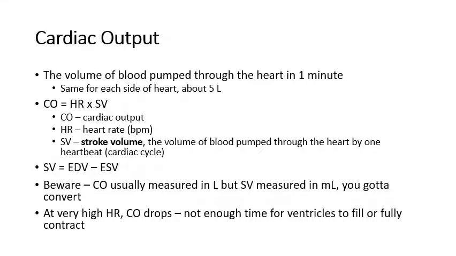So if the ventricles aren't able to fill all the way, and then you're contracting again, and then again they're not able to fill all the way, and you contract again, that means that stroke volume is going to tank, and cardiac output as a whole will go down. So your heart rate can go up to increase cardiac output, but only to such a point, and after that, having a higher heart rate actually hurts your cardiac output.